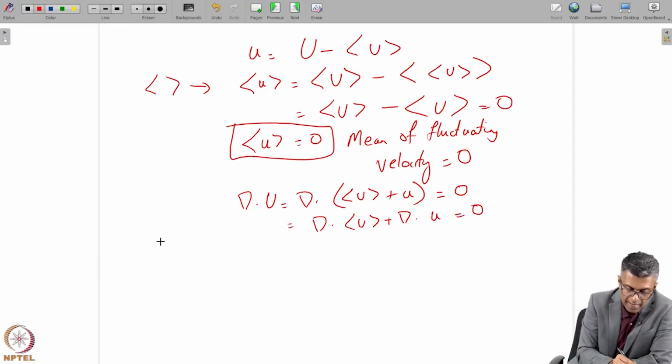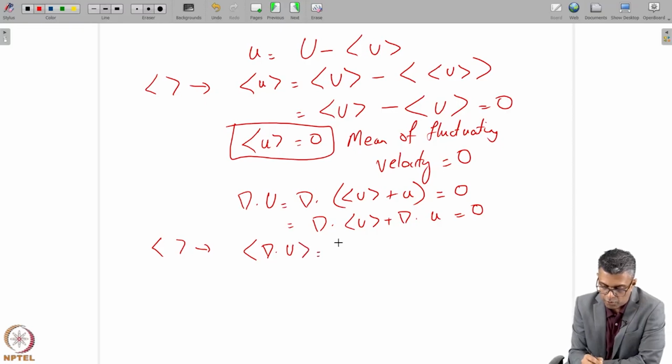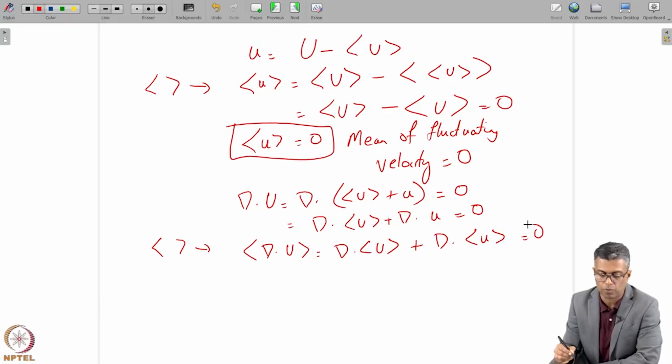Now I take an averaging on both sides. Then what I get is the average of del dot u is equal to del dot of the average of u, which just becomes del dot of the mean of u itself, plus del dot of the average of the fluctuating velocity. This has to be equal to 0.